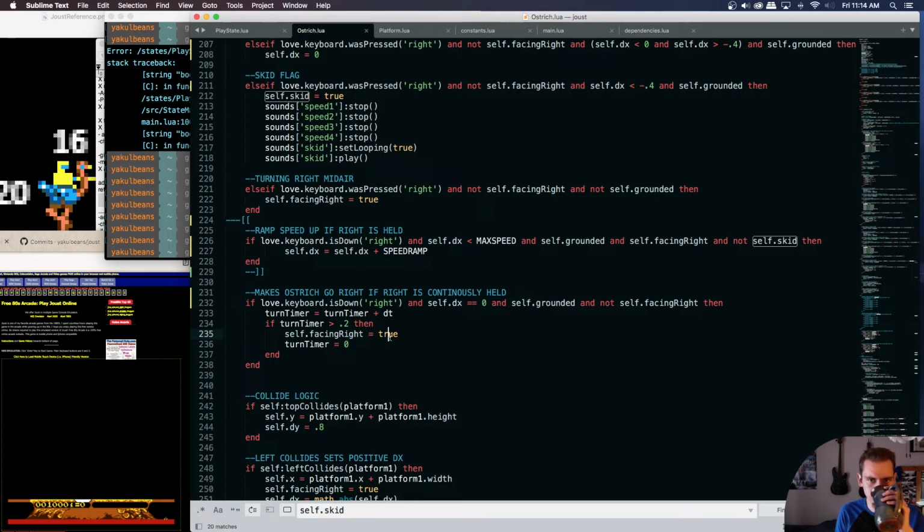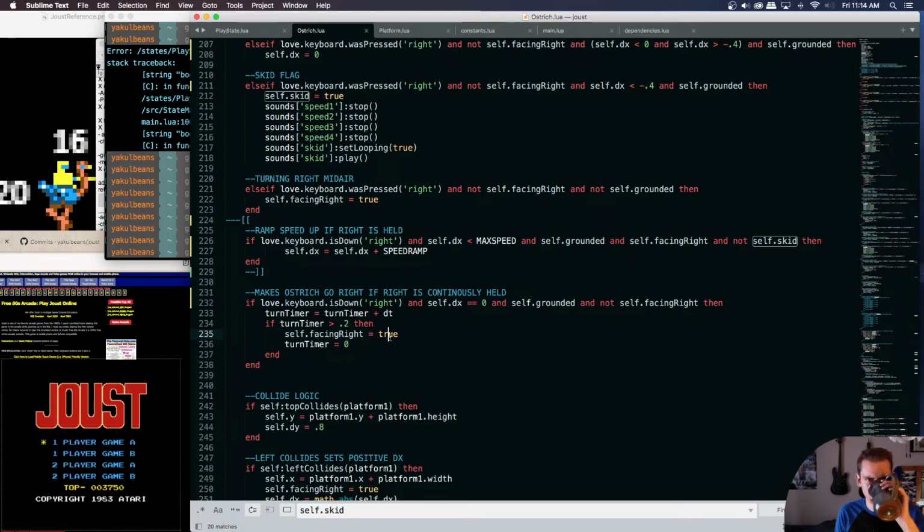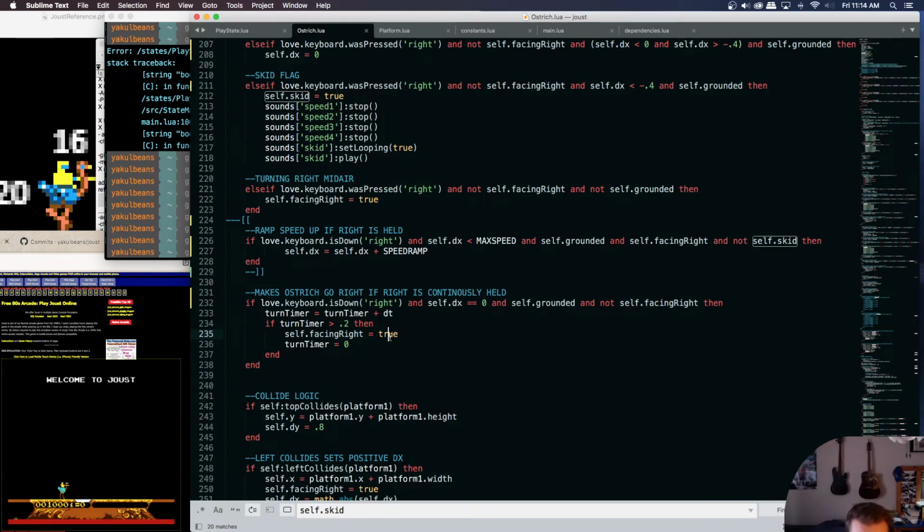It's down. Because this does two things. Wait. All this does is change the way I'm facing if I'm stopped and a key is down.